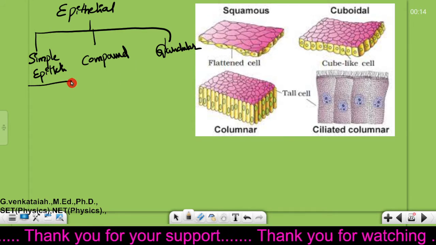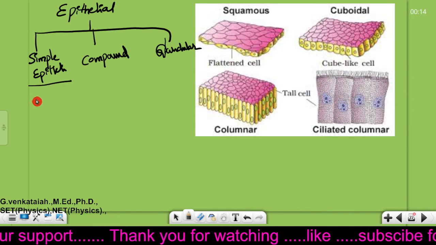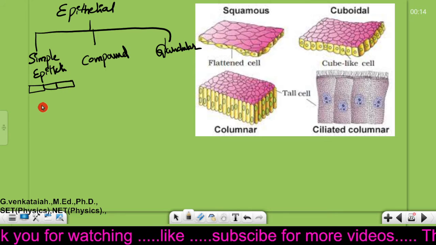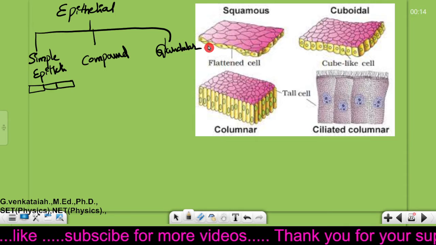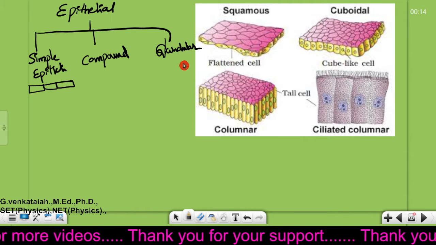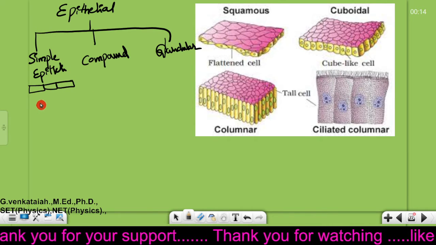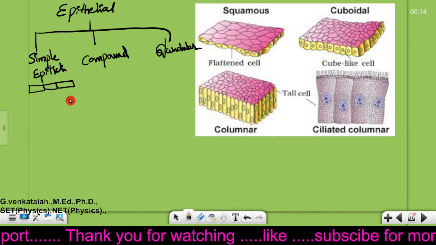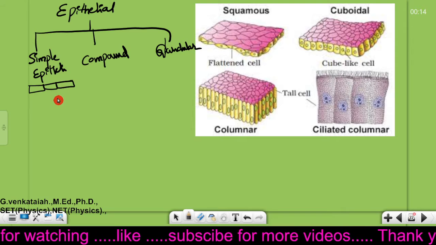Simple epithelium means the epithelial cells are formed as a single layer. These single-layer epithelial cells line the organs, body cavities, intestinal parts, internal organs and blood vessels.